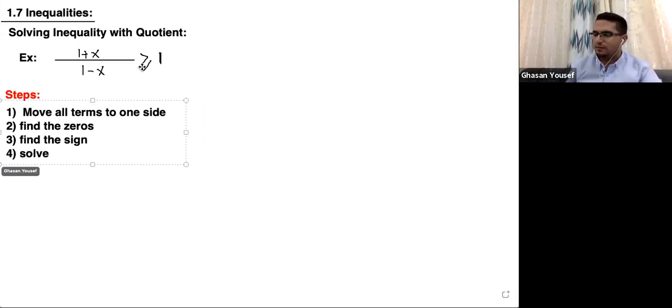Quotient inequality means we have a fraction like this, 1 plus x over 1 minus x greater than or equal to 0. Last time I started a little bit on solving this kind of example. So we move all terms to one side. I subtract the 1 from both sides.